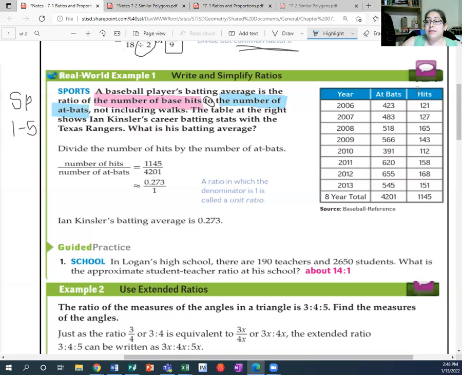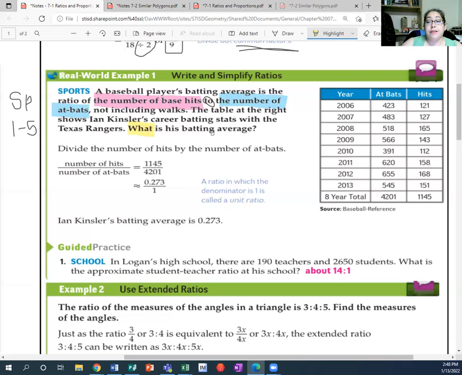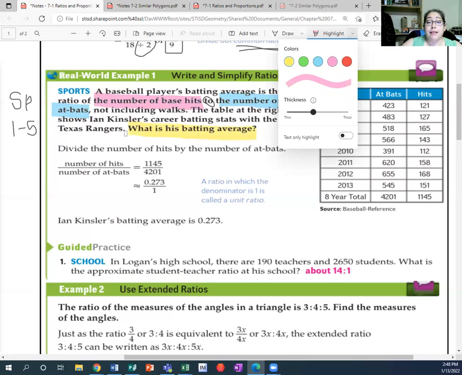And so we've got this table here that talks about the number of at-bats and the number of hits that this player, Ian Kessler, managed in his career. As I keep reading the word problem, I find out that they want to know what his batting average is over the total life of his career. Now notice the way that I highlighted the number of base hits first.